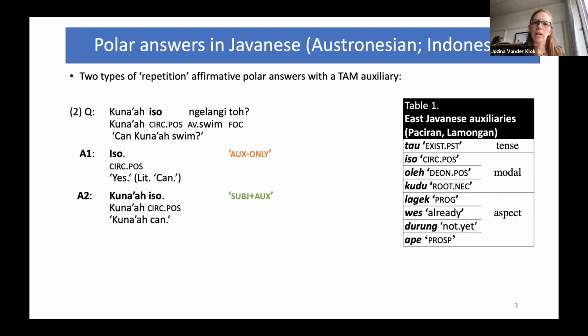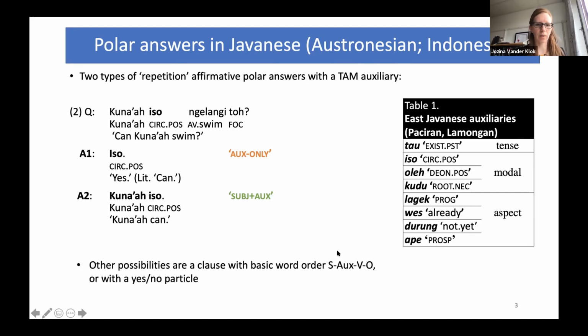And these include a tense marker, tau, different modals, possibility modals, iso, ole, a necessity modal, kutu, as well as different aspectual markers. Because I'm only focusing on affirmative answers, I will be putting aside durung, not yet. And we will see that ape, this prospective aspect marker, behaves exceptionally. So just keep that in mind.